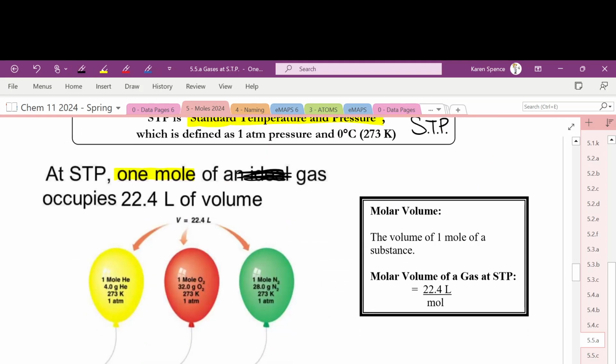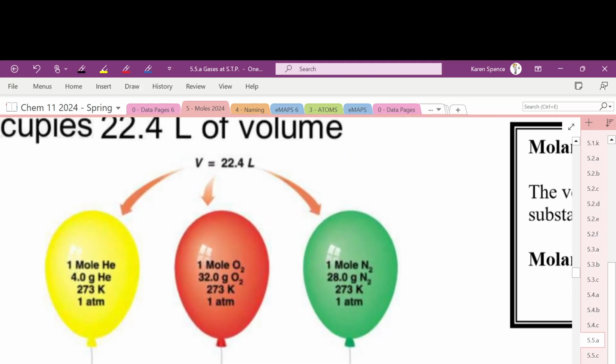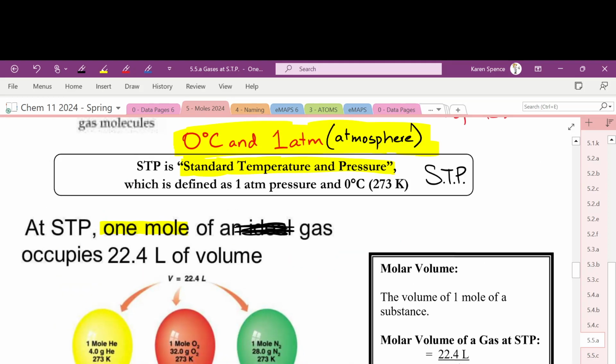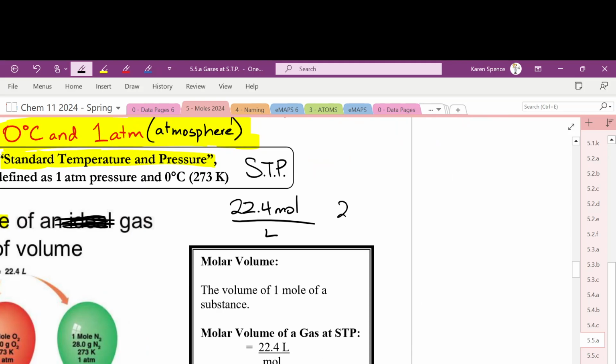So how can you remember 22.4 is the number? 2 plus 2 equals 4. Yes? And is it 22.4 moles per liter, or is it 22.4 liters per mole? Liters per mole, because remember the 1 goes with the mole.